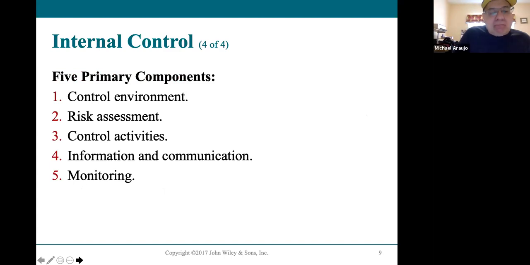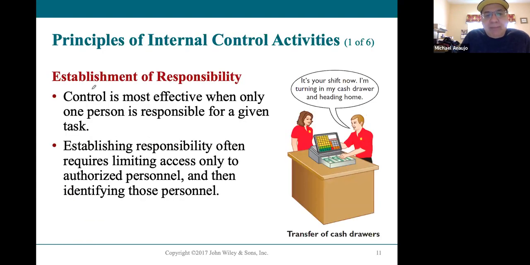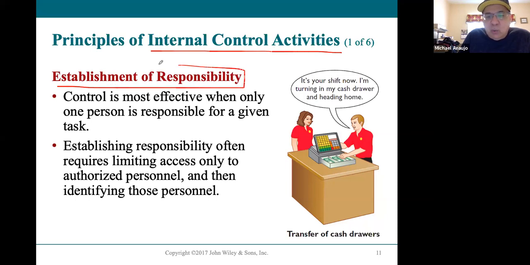Okay, under internal control, we have five primary components that we're going to be looking at individually as we go through this. The first thing we're going to look at, a type of internal control activity which should be more common as a corporation is larger, is: can you establish responsibility to one person who is in control of things?